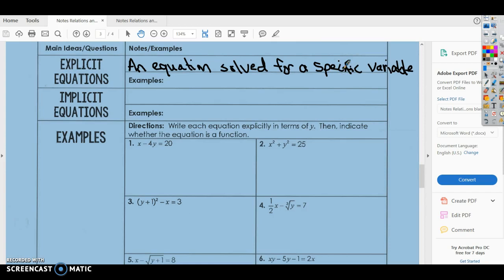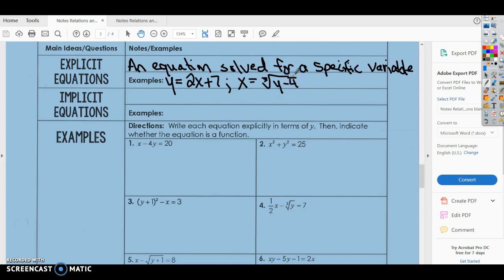All right, an example of an explicit equation could be any equation that is y equals, that's what we see the most often. y equals 2x plus 7. That's one example. You can have another example that's x equal to something. x equals, let's say, the cube root of y minus 4.